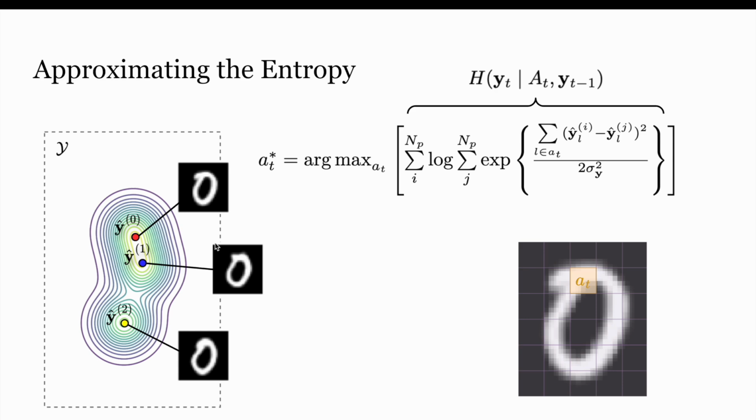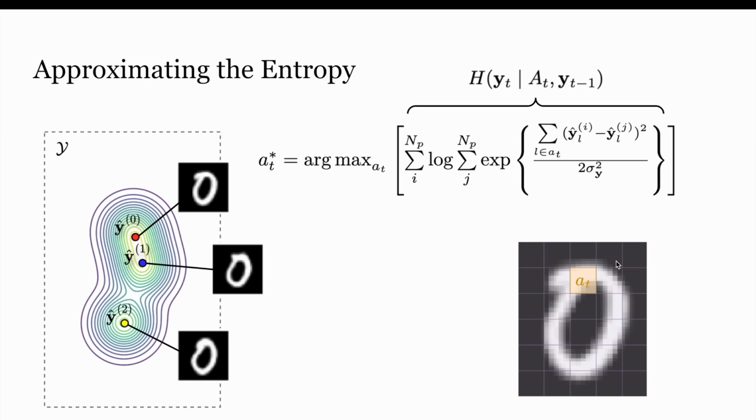Just a point on the notation here: this A_t refers to some possible action. That's why we use the letter A, but it is basically a measurement location in the measurement space. For example, our possible measurements, or our action space, might be blocks of pixels like this, and A_t will be one such block.